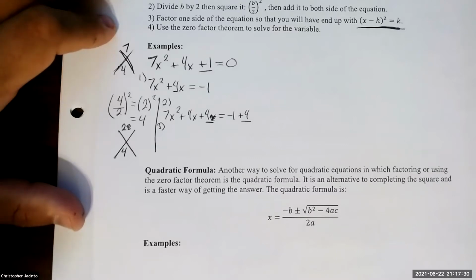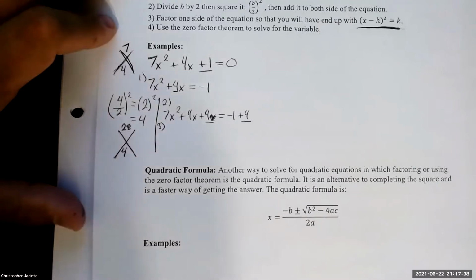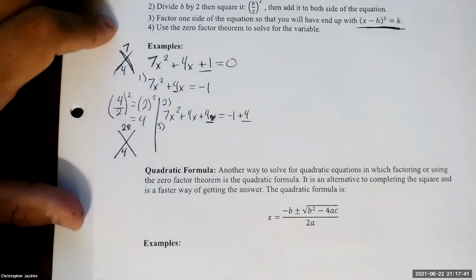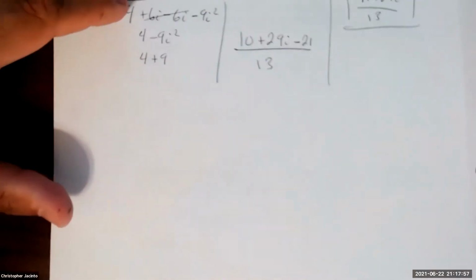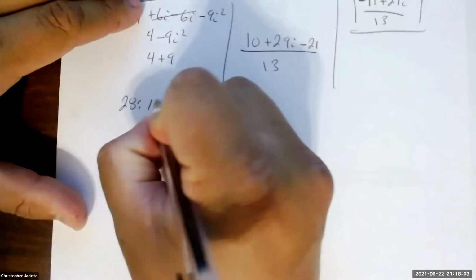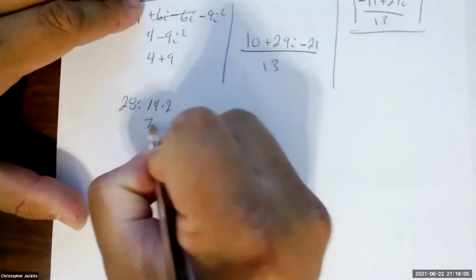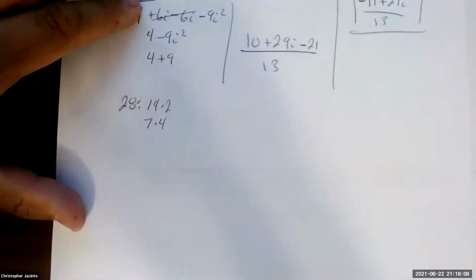Close. Seven and 3, almost. That gives you 21. So whenever you're not sure, let's break it down. So we know 14 and 2 work, 7 and 4 work, and any other numbers that work out there.